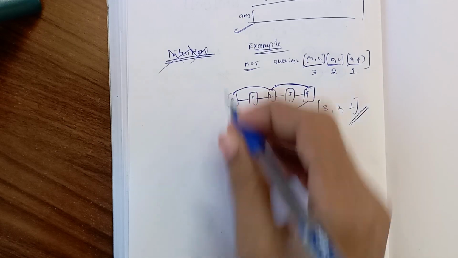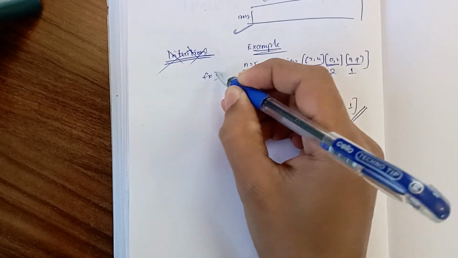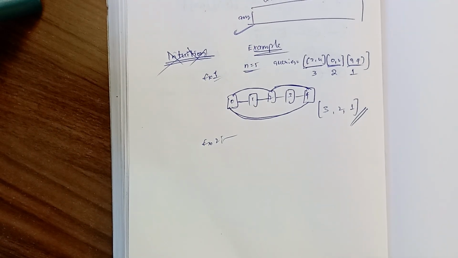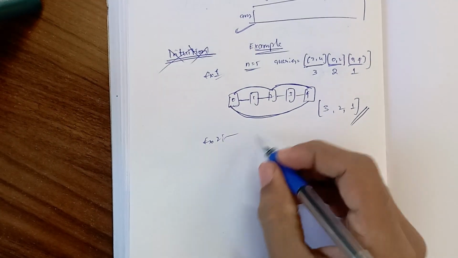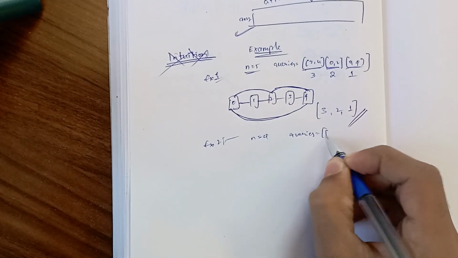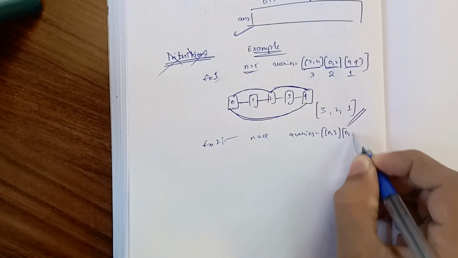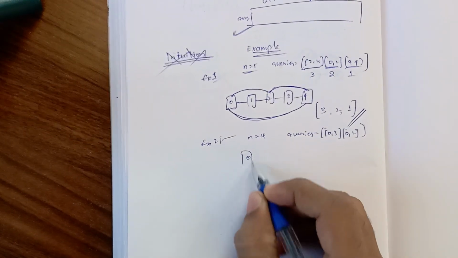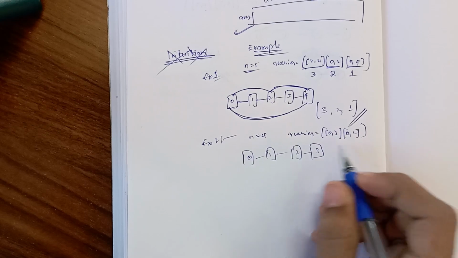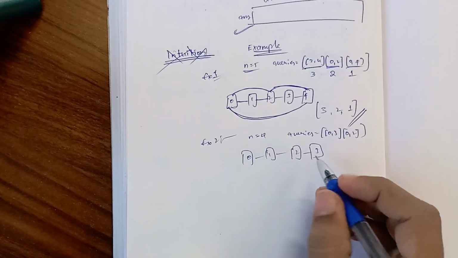Now, we are given another example, example 2. n is equal to 4. Queries are 0 to 3, 0 to 2. Now, 0, 1, 2, 3 are the cities which are already connected with an undirected edge.